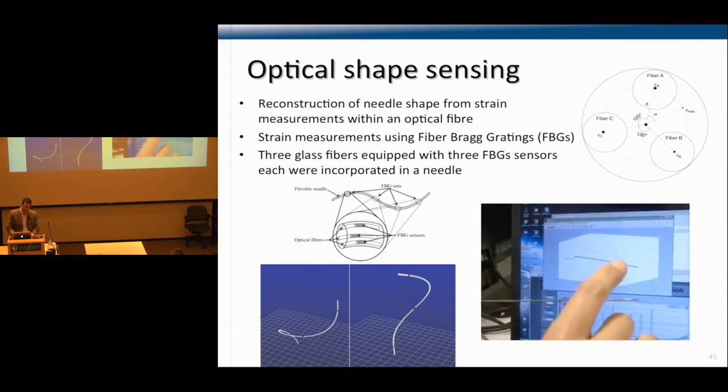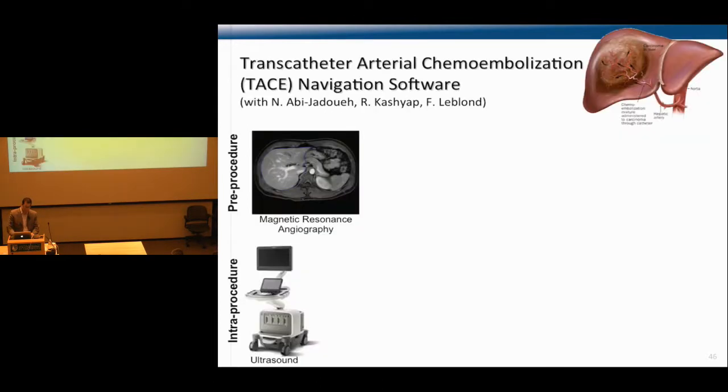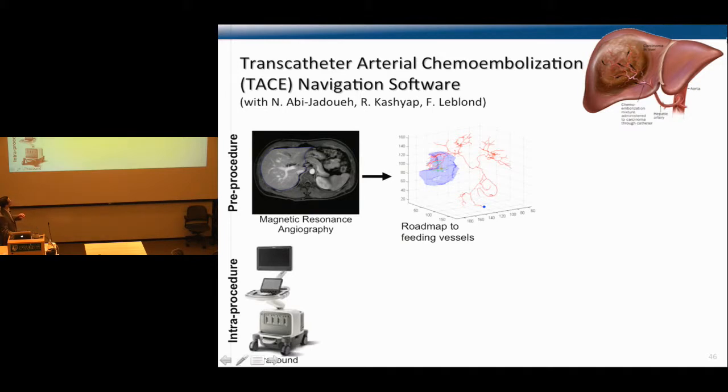So why we want to use that: I talked about metastatic liver tumor cancer. We're looking to develop that for guidance of TACE procedures, so transcatheter arterial chemoembolization, where there's a pre-procedural planning where we need to figure out what the feeding vessels are for the HCC tumor that is shown here, and have tracking technology that's able to follow the position and the shape of the catheter as it's guided towards the feeding vessel.